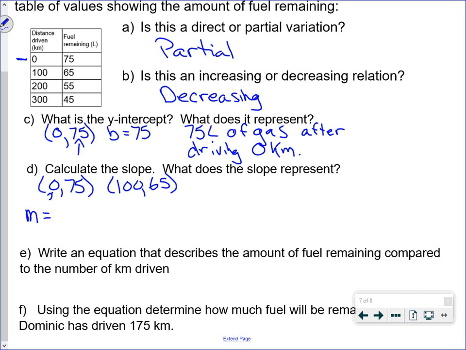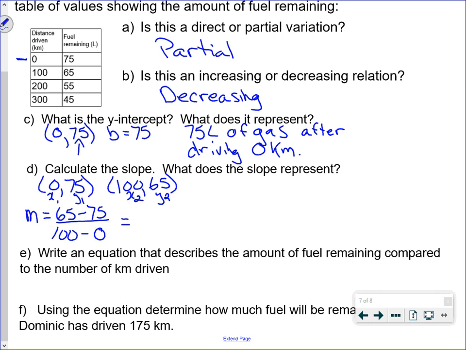I'm going to label this with x1, y1, and x2, y2. So using the slope formula, we're going to start with y2, which is 65, and subtract y1, which is 75. In the denominator, we'll start with our x2 of 100 and subtract our x1 of 0.